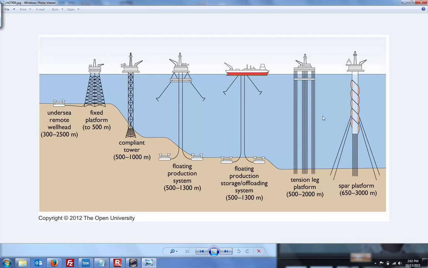The ones we see on the right are tension structures. So this thing is floating. The spar looks like it might be a combination of the two.